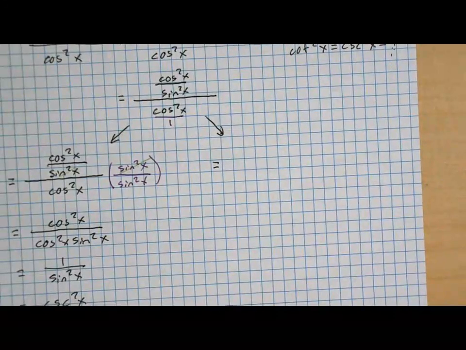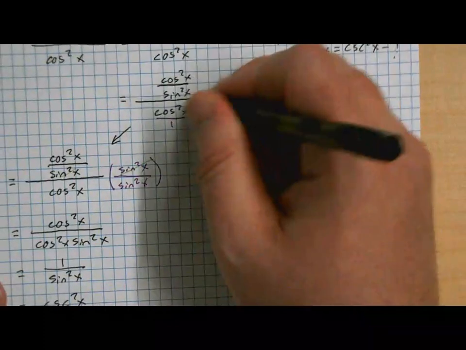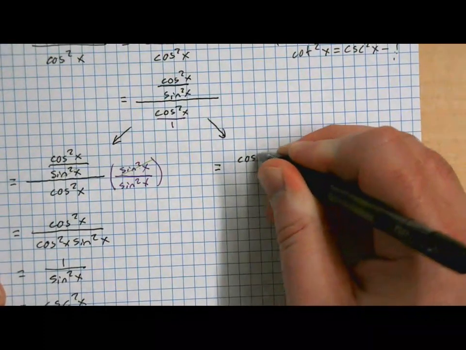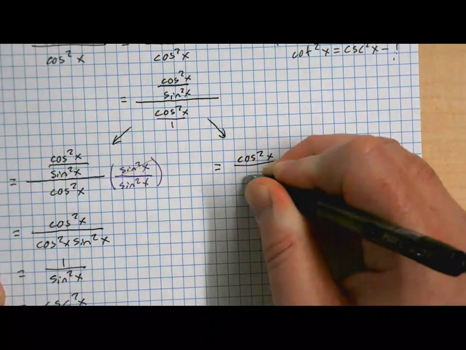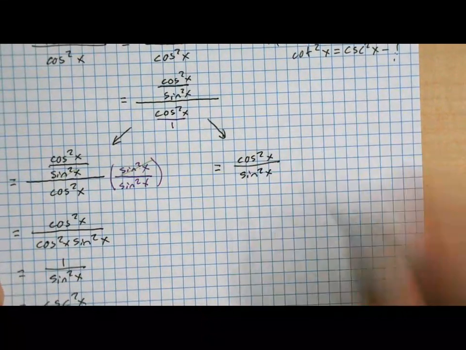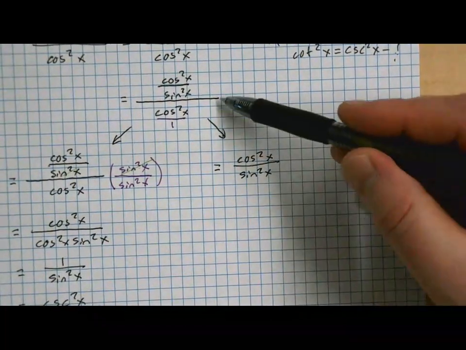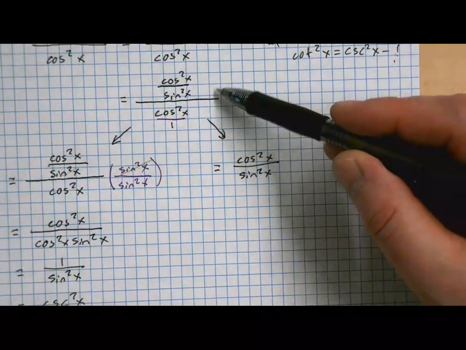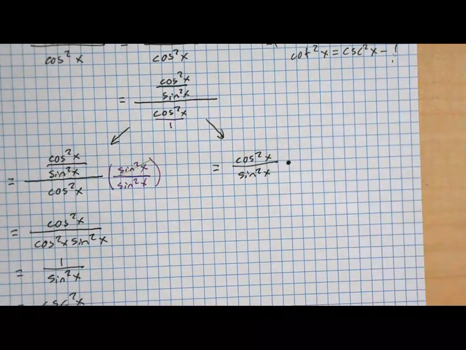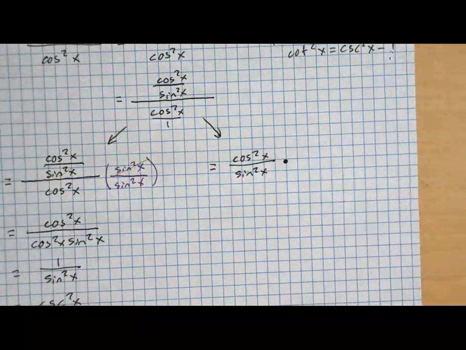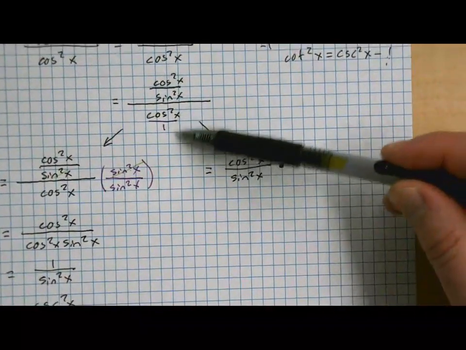How do we divide fractions? Keep, change, flip. So I'm going to keep this one. It's going to stay cosine squared x over sine squared x. I'm going to change the division into a multiplication, and I'm going to flip the thing that I'm dividing by.